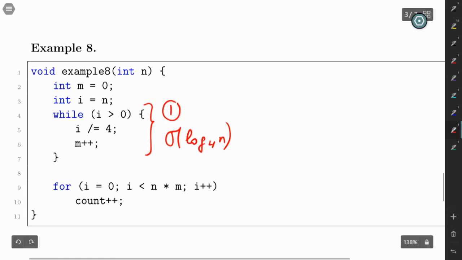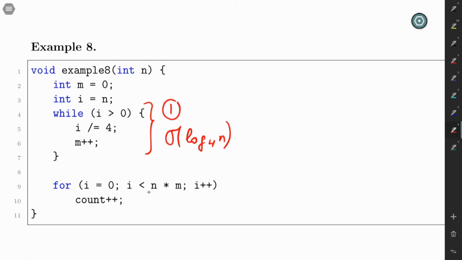And then to figure out the runtime of the second loop, we see that we are going up to n times m. So we have to know what m is. Well, m was incremented on each iteration of this loop, and we know that this loop ran log base 4 of n times. So that's what m is going to be. And m was initialized to 0, so it started from 0 and went up by 1 log base 4 of n times.